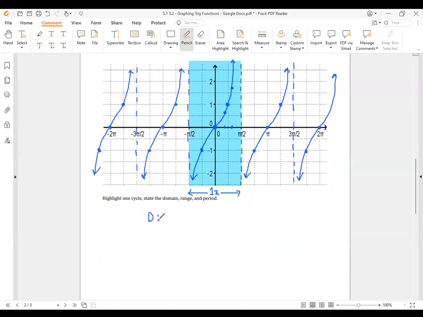State the domain. The domain is still, so in this case, I am going to write it out in set notation. Okay?